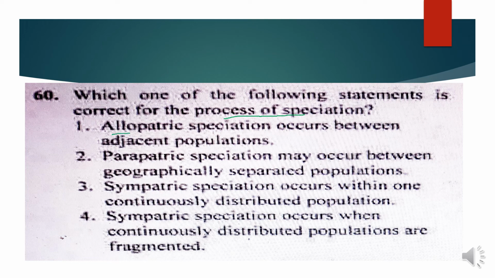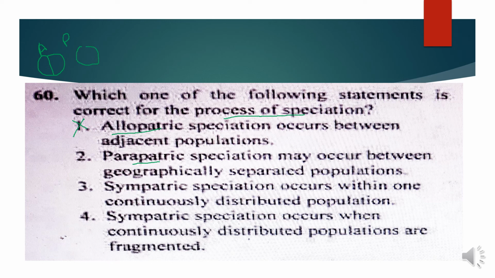The first option says allopatric speciation occurred between adjacent populations. It is false, because in allopatric speciation there was a barrier, so these are not adjacent populations. So option 1 is wrong. Then the parapatric speciation occurring between geographically separated populations: geographical separation occurs in allopatric speciation, but in parapatric speciation there is no barrier.